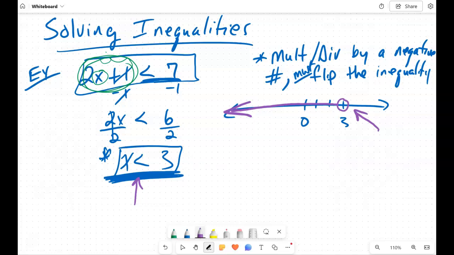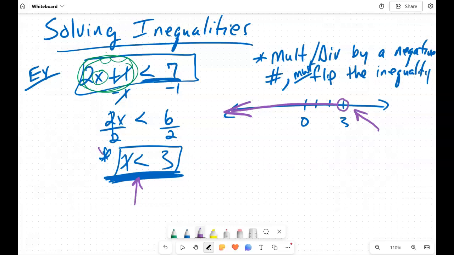It's not less than or equal to 3, but it has to be all numbers that are less than 3. And since there's no equal to here, that means that 3 is not a part of this solution. It's everything under 3. So since 3 is not a part of the solution, I can't fill this in. So I leave it as an open circle indicating that 3 is not a part of the solution.